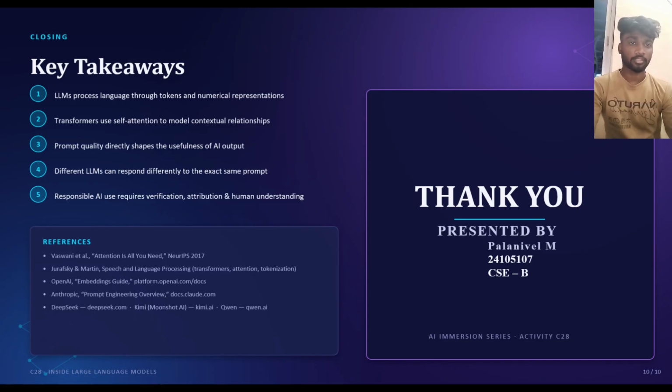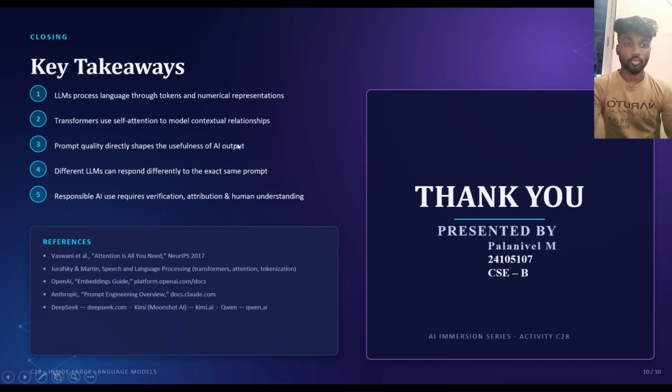Key takeaways. To conclude my presentation, I would like to highlight five important points. First, LLMs process language through tokens and numeric representations. Second, transformers use self-attention to understand contextual relationships.